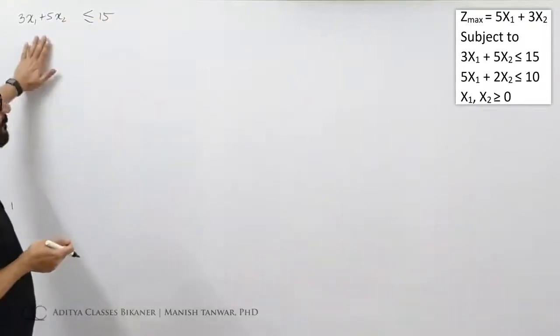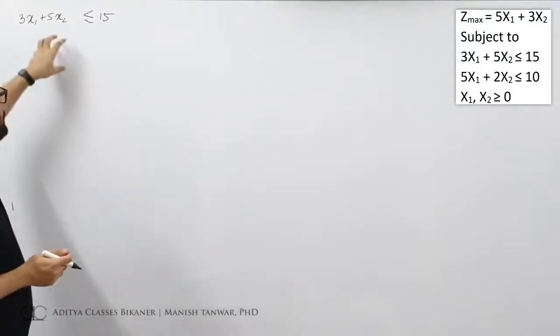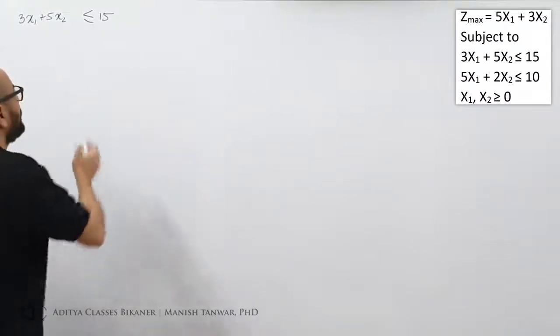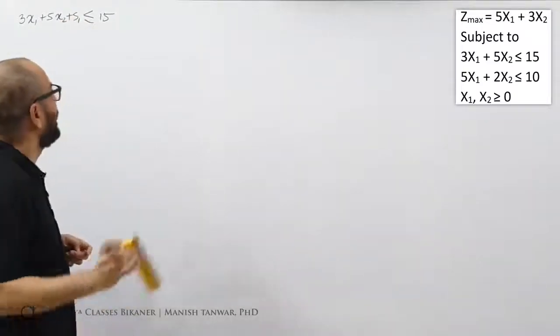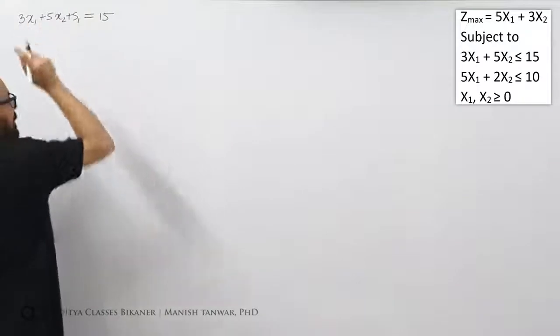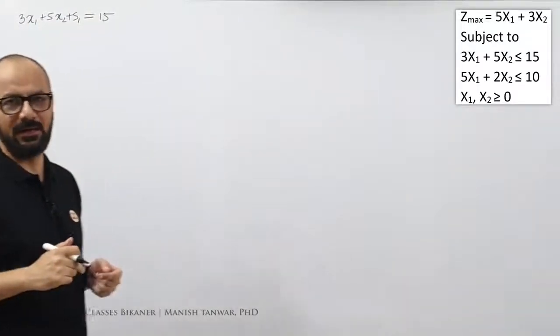Now the left hand side is less, it is lighter. So how can I make it equal to 15? By putting something over here. I'll add a slack variable plus S1, and when I add something, it is no more less, rather it becomes equal. So this was the conversion of the first inequality into equality.